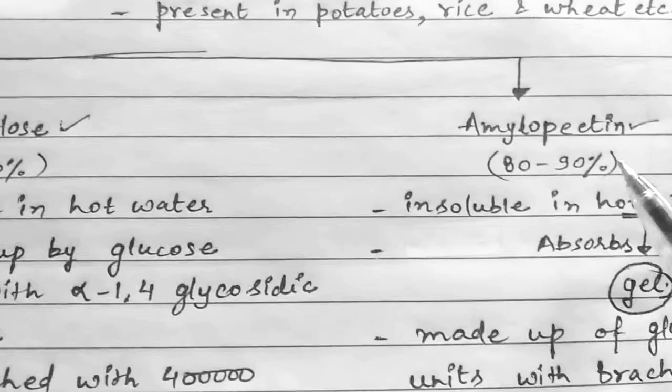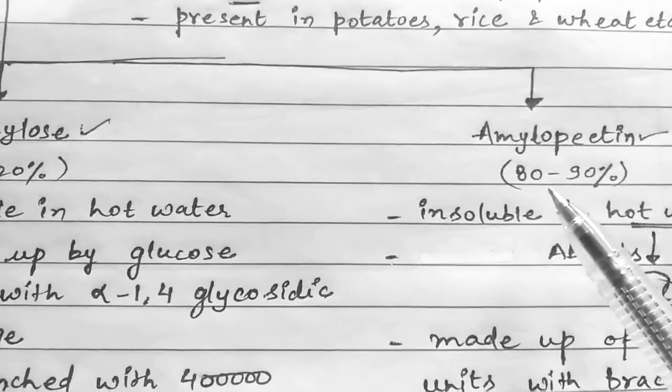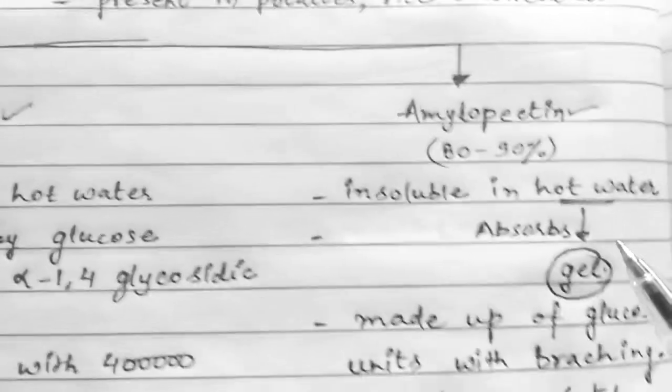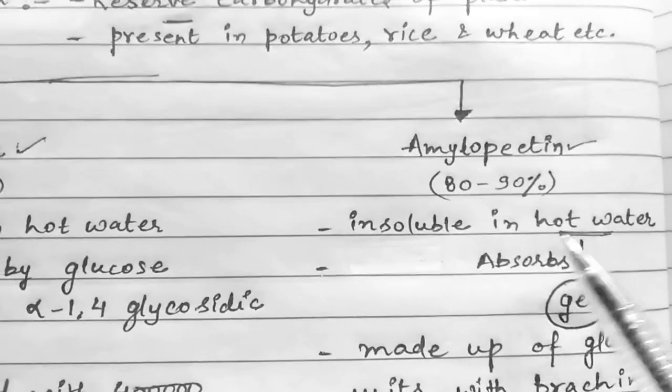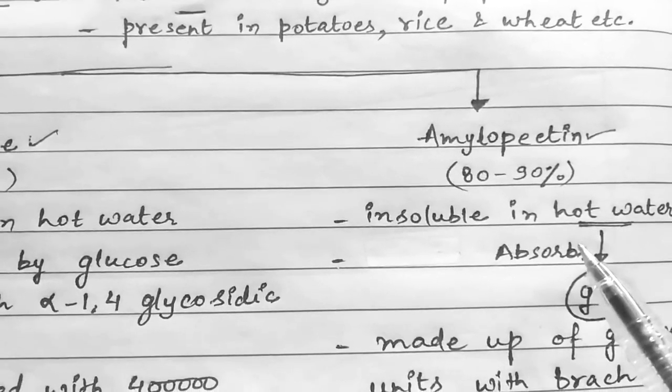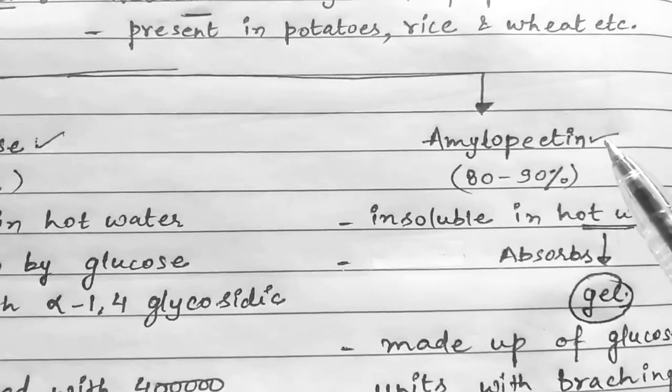And what about the amylopectin? That rest part, 80 to 90% of the starch, is insoluble in hot water, and absorbs that hot water and converts into a gel-like structure. That part is the amylopectin.